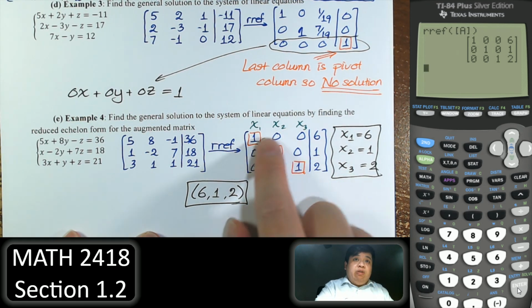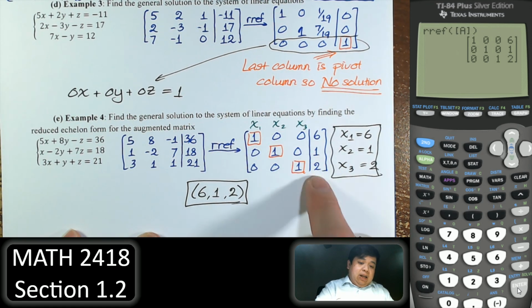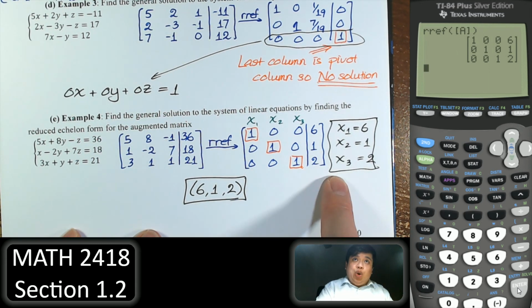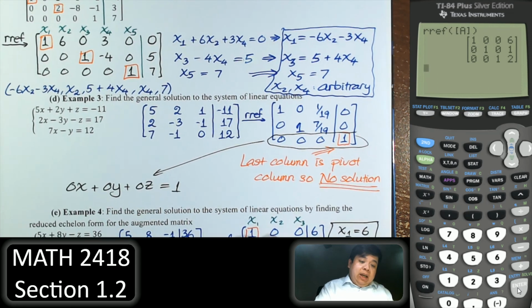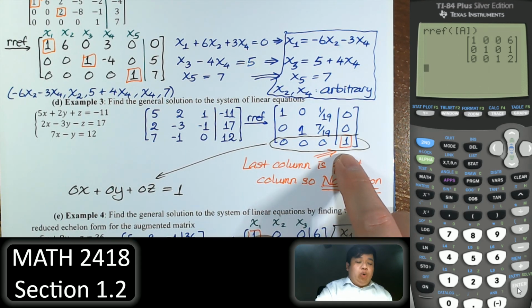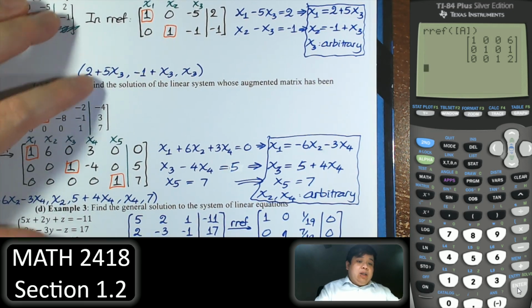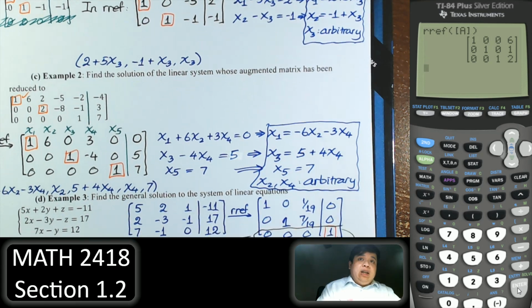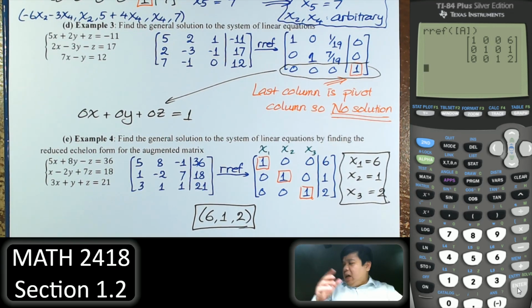If there's no free variable and the last column is not the pivot column, that's a unique solution, one solution. If the last column is the pivot column, no solution. Otherwise, we have infinitely many solutions, and we can write the solution in terms of the free variables. That's what's important in this section.